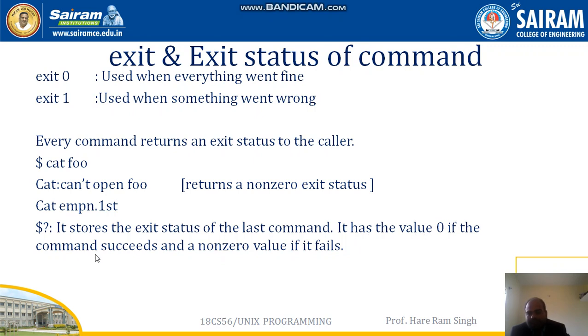It has the value 0 if the command succeeds and a non-zero value if it fails. In this case, since the foo file is not present, it cannot be opened, so the exit status of the cat command is non-zero. But employee.first is present and can be opened, so this cat command has executed successfully. Then the exit status will be 0, and using $? we can see the content of the exit status.